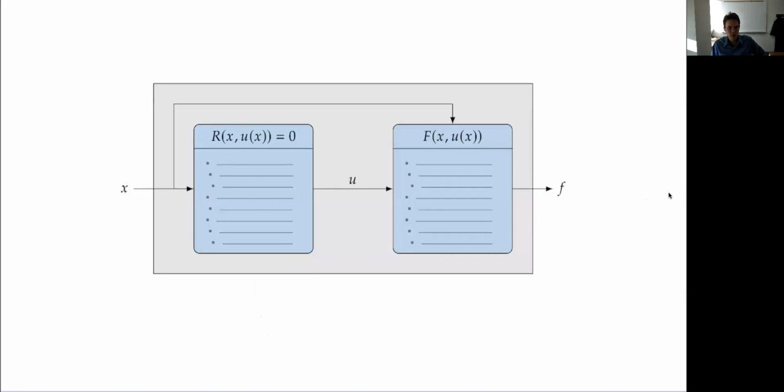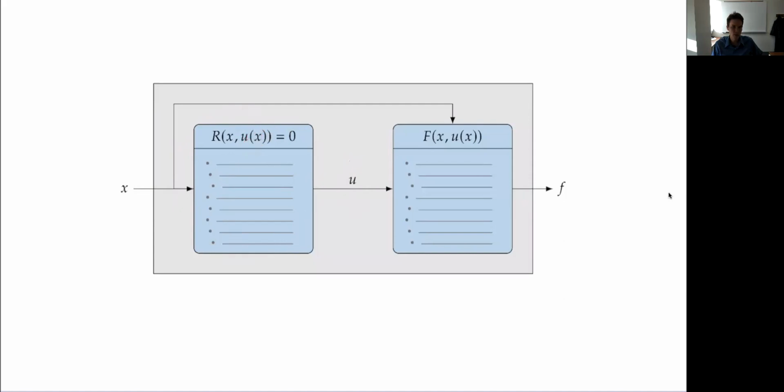Here's a diagram of maybe this more general problem, right? Again, x is in, f is out. Here's our state variable, and we've written explicitly that we have some set of residuals we're trying to converge. This is going to be in general a bunch of equations, a bunch of unknowns, and x is an input, but u is not something I'm free to choose.